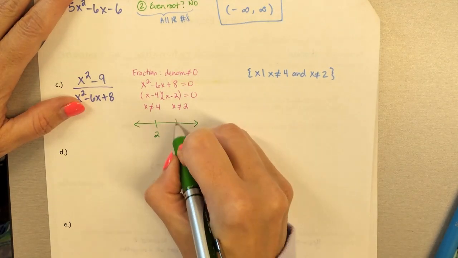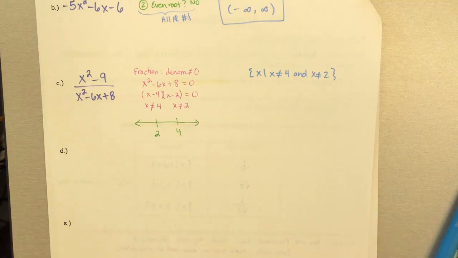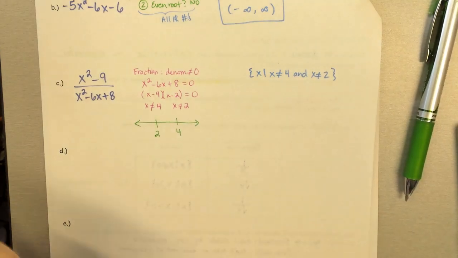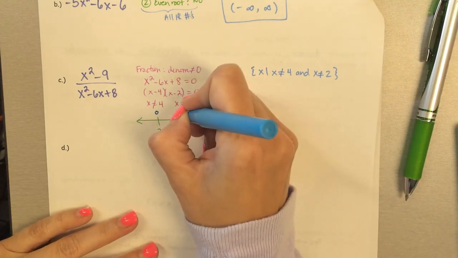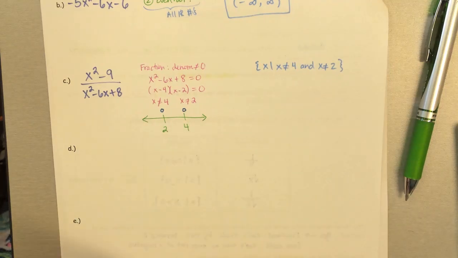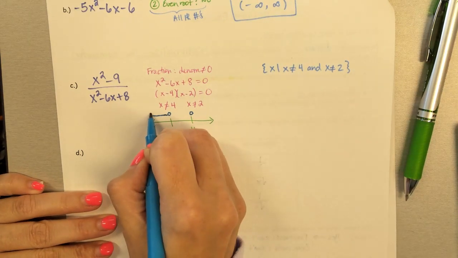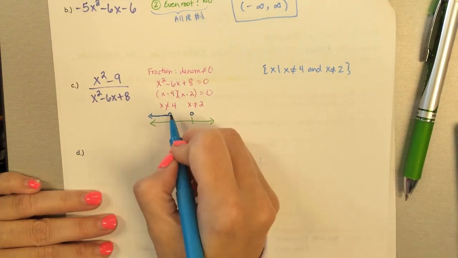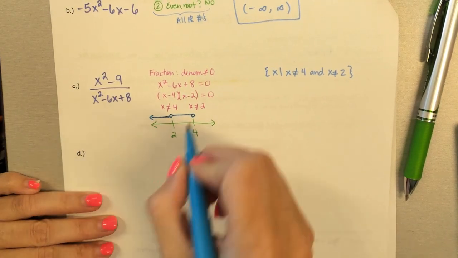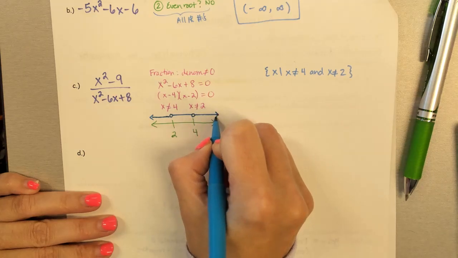We do have to put them in order here, so you have to put the 2 first and then the 4. What this is saying is you have an open circle at 2, you have an open circle at 4, and anything else is going to be a solution. So anything to the left here, any number in between, any value to the right.